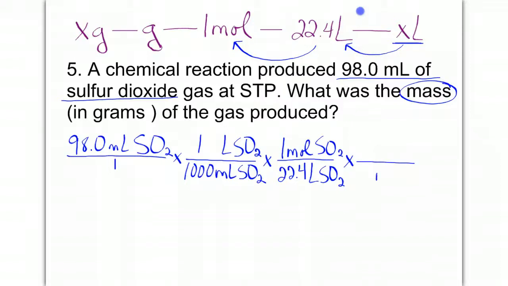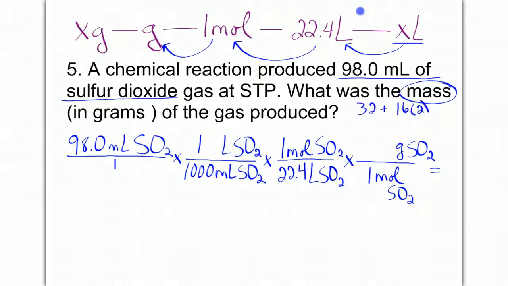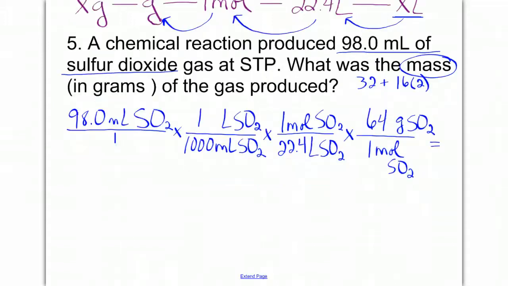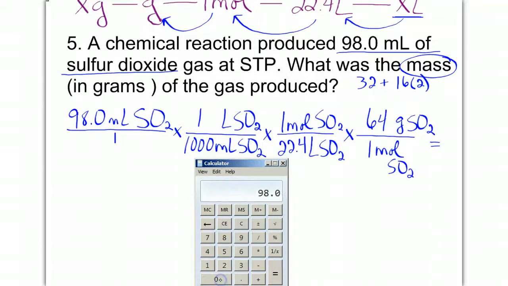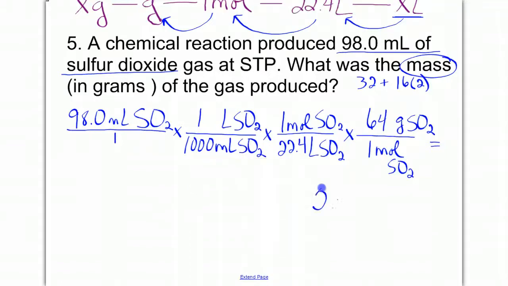Times, draw a line. I'll bring down mole. 1 mole is equal to, and I'll go to the grams and add up the molar mass of sulfur dioxide. Sulfur is 32, plus oxygen is 16 times 2, and so that's going to equal 64 grams of sulfur dioxide. When we calculate our answer, we get 98.0 divided by 1,000 divided by 22.4 times 64, and that gets us 0.28 grams of sulfur dioxide.